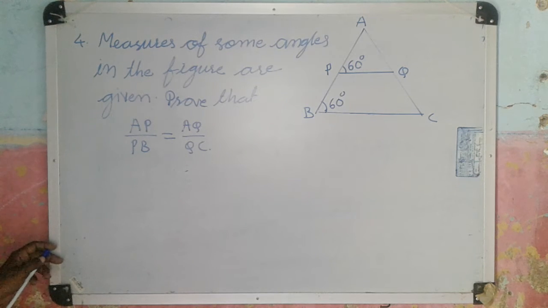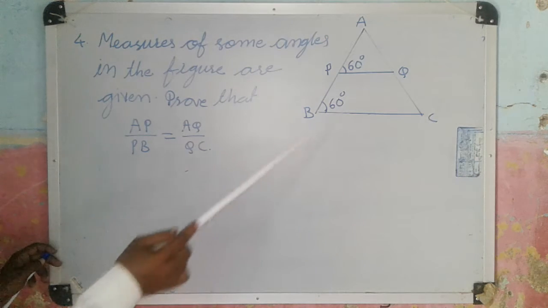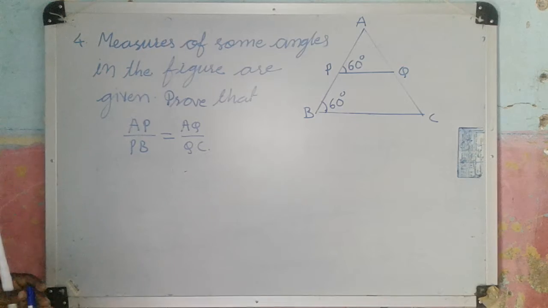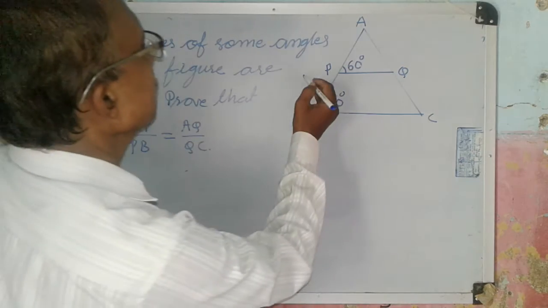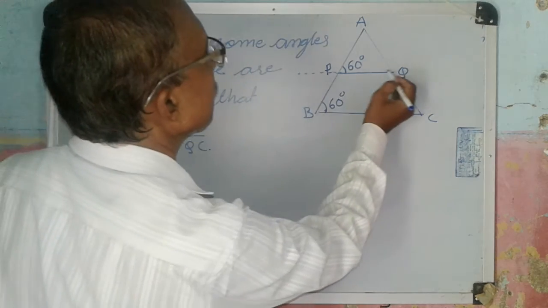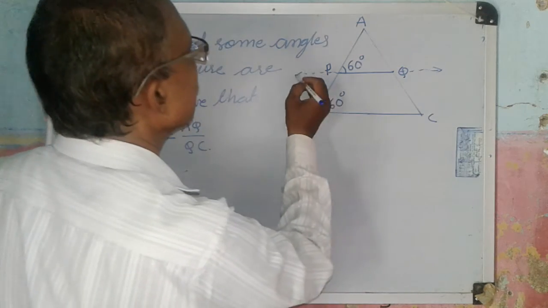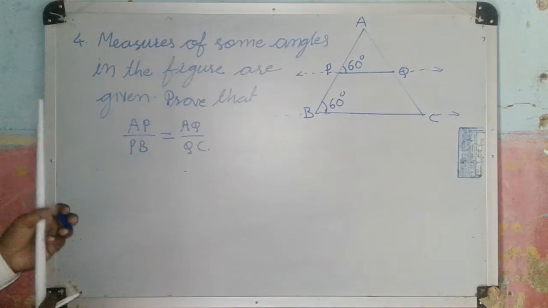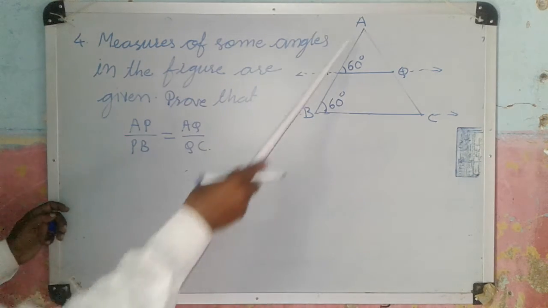Now see here, suppose PQ and BC are two lines. And AB is a transversal.